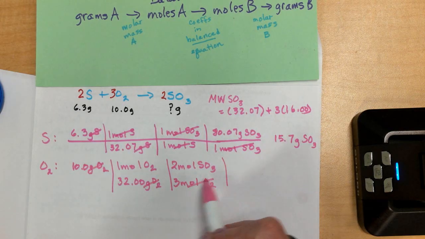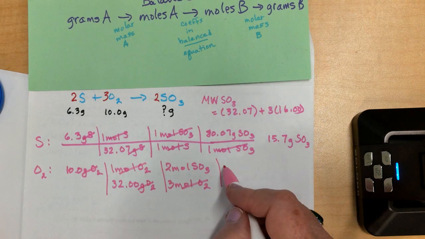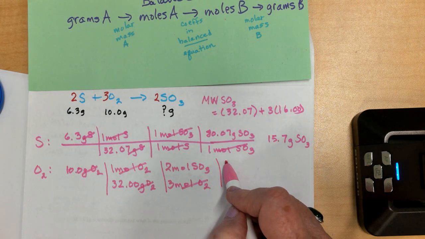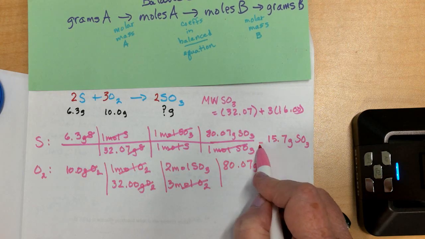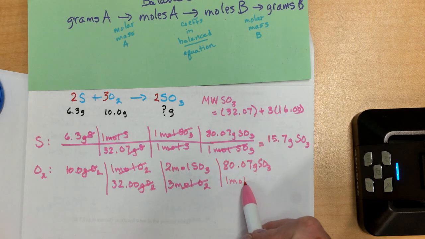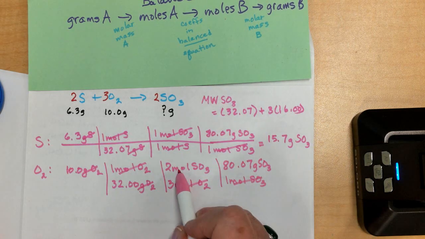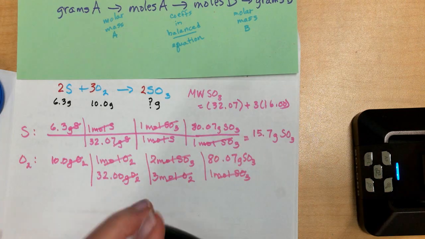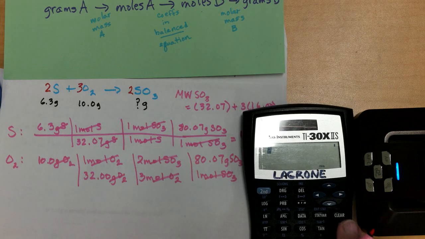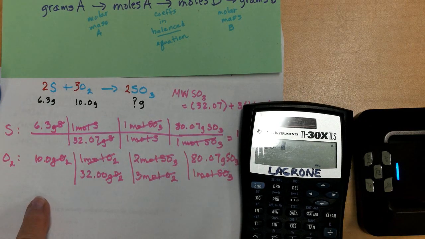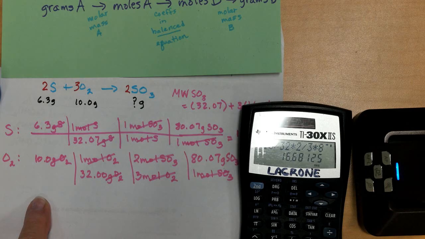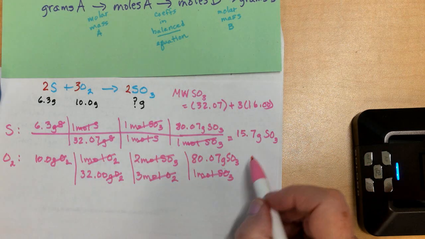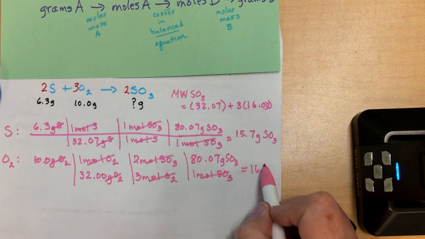Grams cancel, moles of oxygen cancel. And now I just got to go to grams. So what was the molar mass of that? 80.07 grams of sulfur trioxide to 1 mole. And so let's see what we have. 10 divided by 32 times 2 divided by 3 times 80.07. That's 16.7. So close.